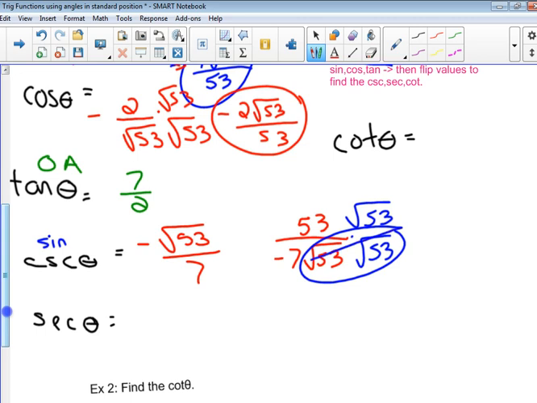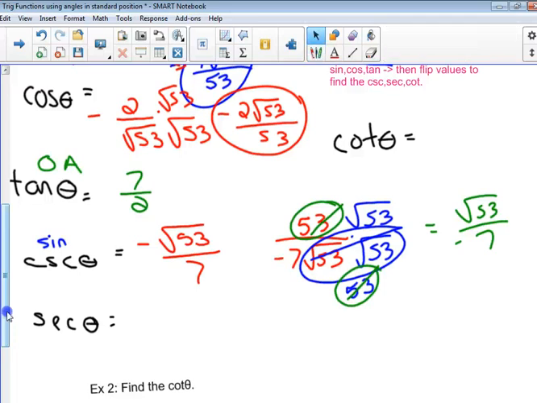They cancel. So this would really just be a regular 53. Cancel, cancel. And are we still left with radical 53? There's so much work. Yeah. So you get the same thing. One way's not wrong. It's just a matter of this is a lot of work, this is very easy and quick. Okay. So let's look at your secant.